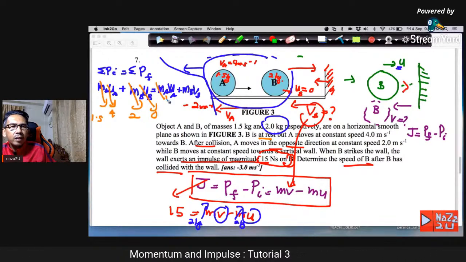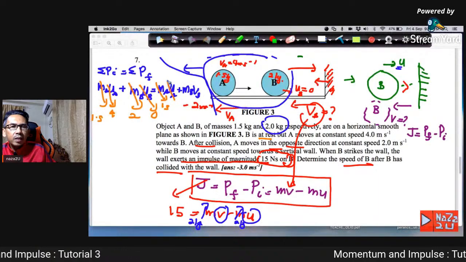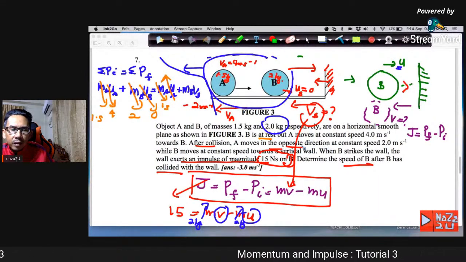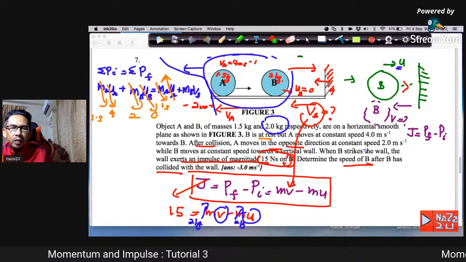MA is 1.5, and VA, after collision, A moves in the opposite direction at 2 meters per second.